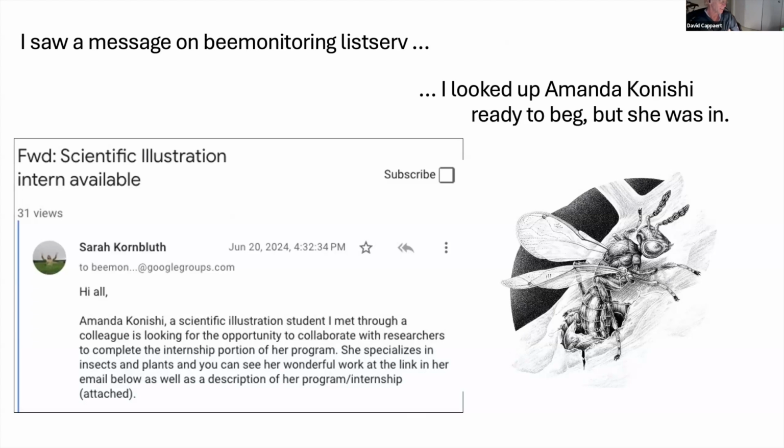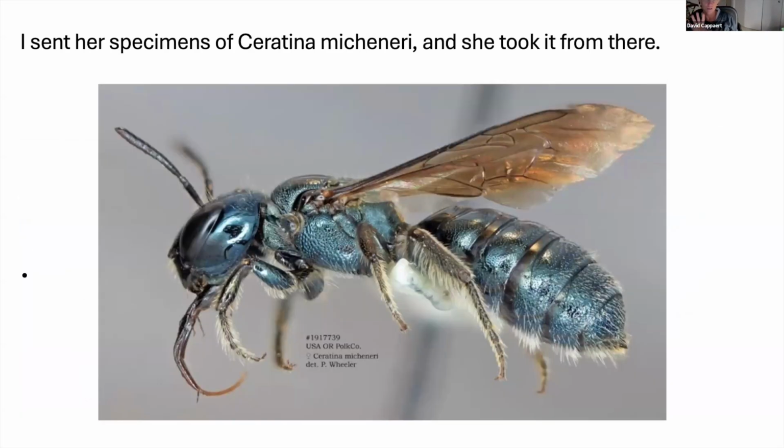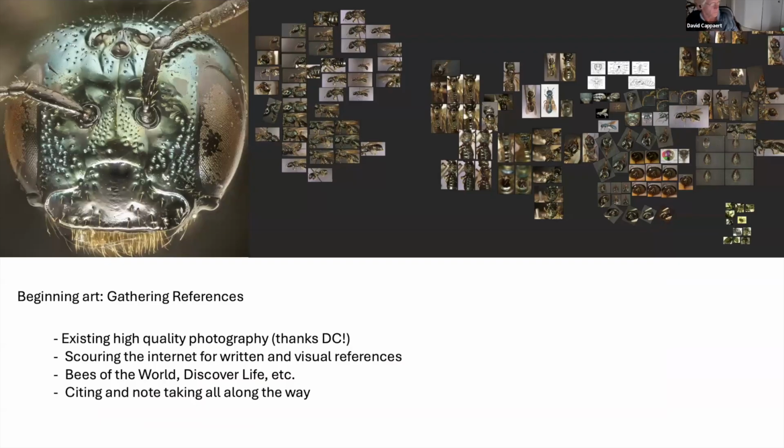So I contacted Amanda, who was the artist, and I was ready to beg her to work with me, but she was so gracious, she just bought in right away. And so she did the drawings there at the top of the page. I sent her a couple of specimens of Ceratina mishneri, which is our model that we use. And then she did these things. Okay, Amanda's going to tell you about this.